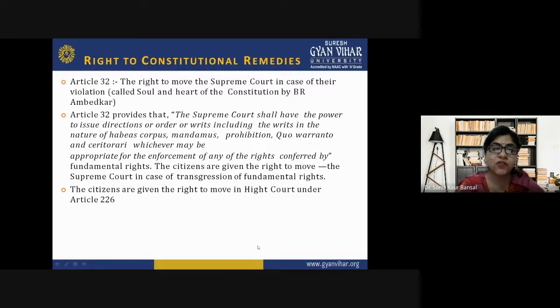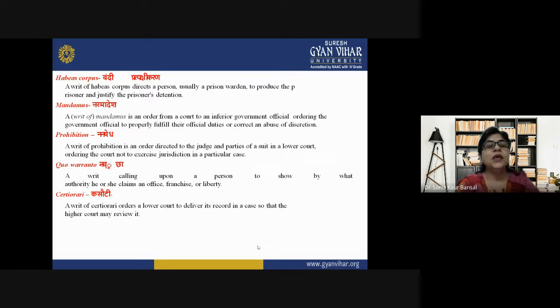And one more important thing that has to be understood, that this Article 32 is called the soul of the Constitution by Bhimrao Ambedkar. Now, these are some important things in Article 32. Habeas corpus: a writ of habeas corpus directs a person, usually a prison warden, to produce the prisoner and justify the prisoner's detention.